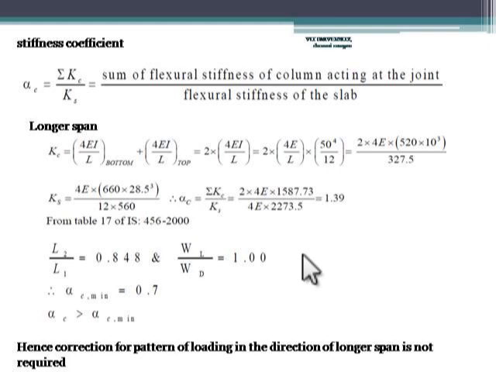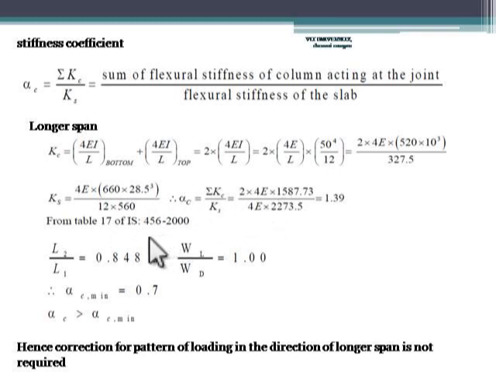And the stiffness coefficient formula we have: alpha c is equal to summation of Kc by Ks. From that we got the stiffness coefficient for the longer span; we got Kc and Ks, that is, we got the stiffness coefficient as 1.39.